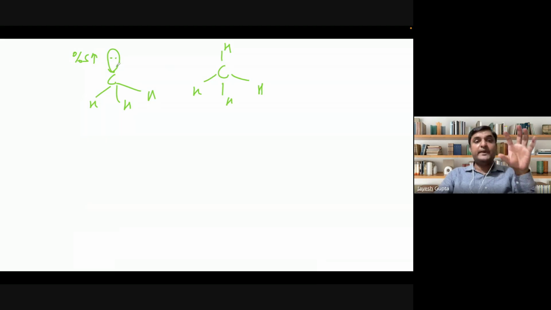So if one of the orbitals is having more percentage S character, the other orbitals will have to compensate for that, since the total mixing is 4 times sp3. So that's why for the others, percentage S will decrease.